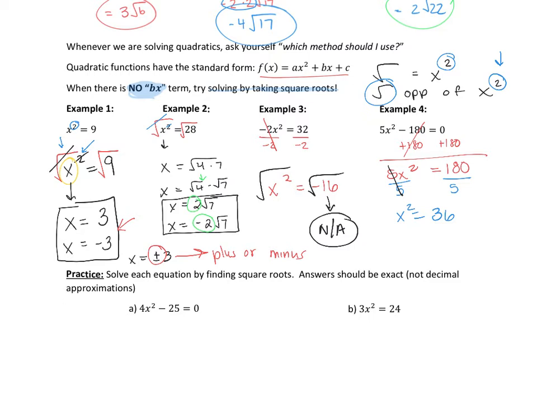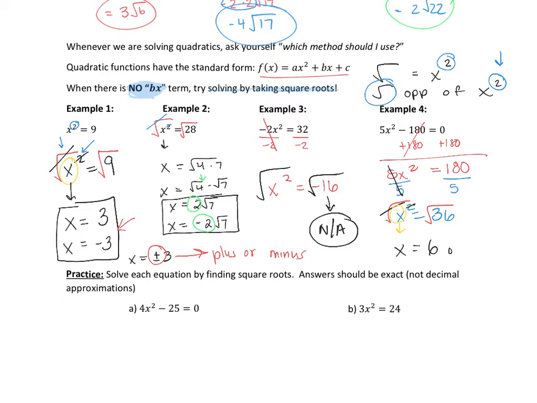Okay, so now I can go ahead and take the square root of each side because now I have x squared on its own. Okay, in order to get x by itself, I need to take the square root of both sides, so my squared and my square root cancel out, and like I said before, my x is left by itself.